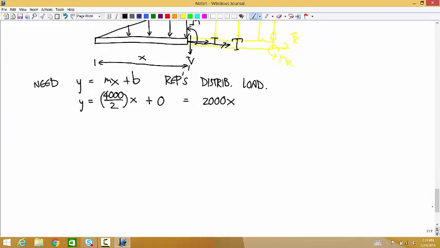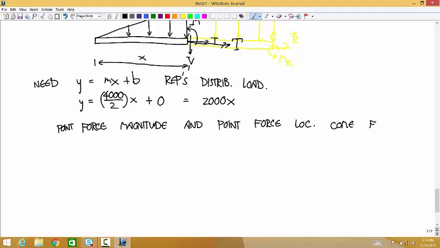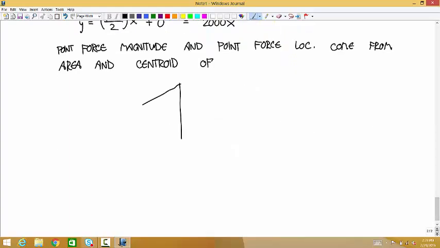And so now the point force magnitude and point force location come from the area and centroid of this shape. It's a right triangle where this is x and this height is 2,000x.